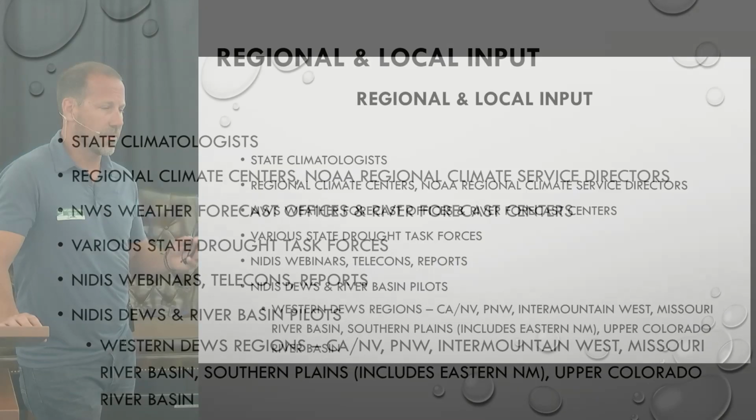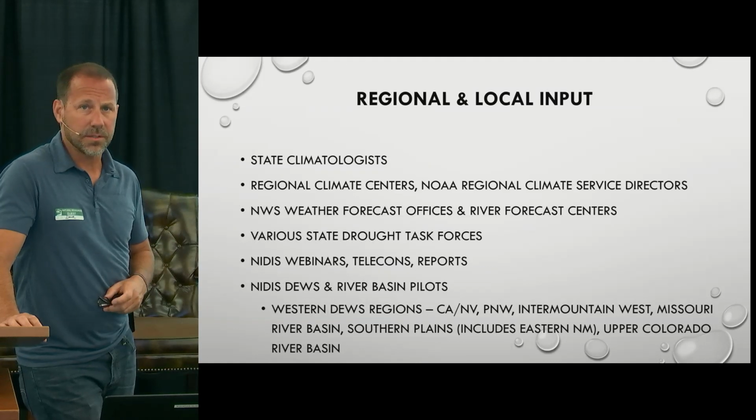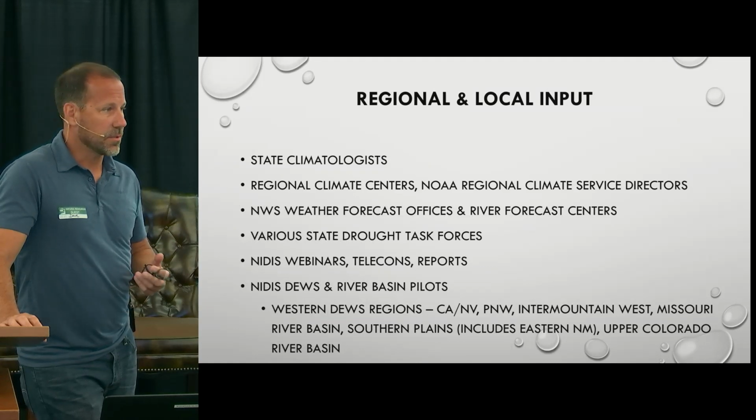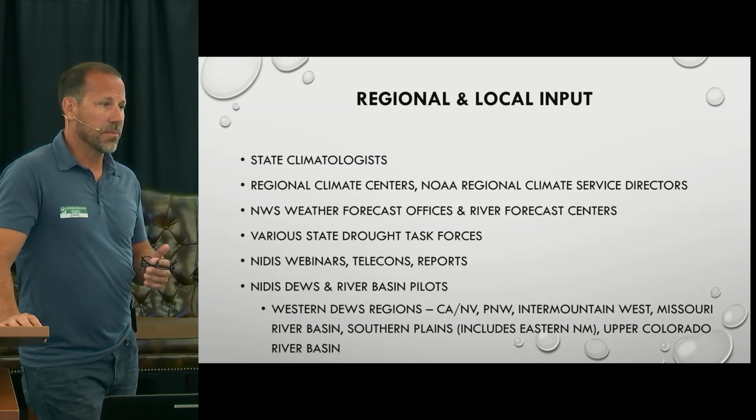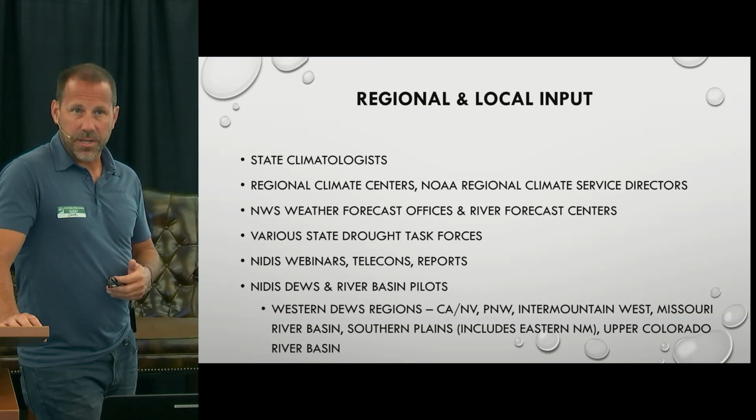There's 5 other regional climate centers as well. We get input from the regional climate service directors, a lot of input from the National Weather Service Forecast Offices, the River Forecast Centers for the Weather Service as well, and Drought State Task Forces.